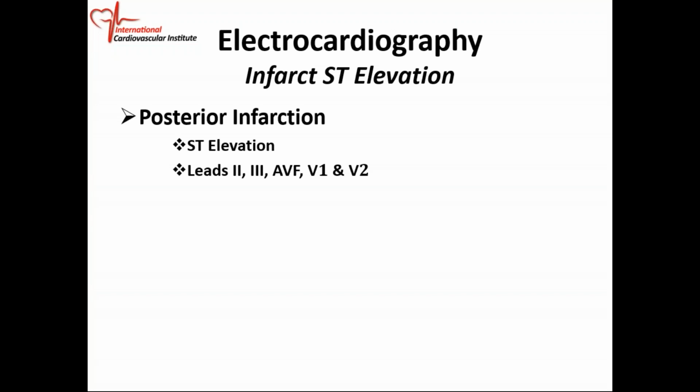As the name suggests, in ST segment elevation myocardial infarction, or STEMI, the ST segment is elevated. In non-ST segment elevation myocardial infarction, the ST segment is not elevated.